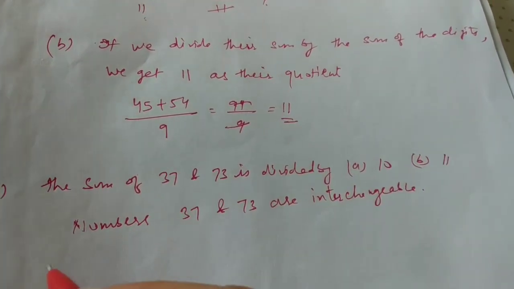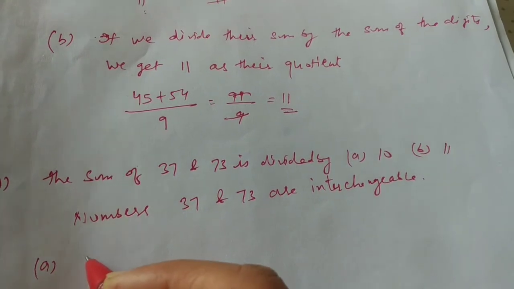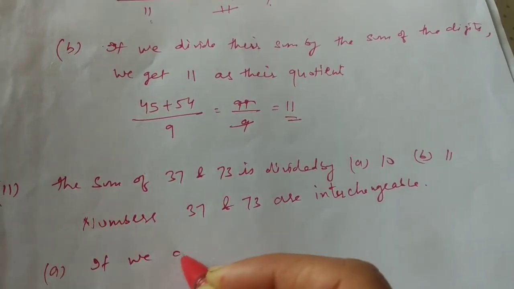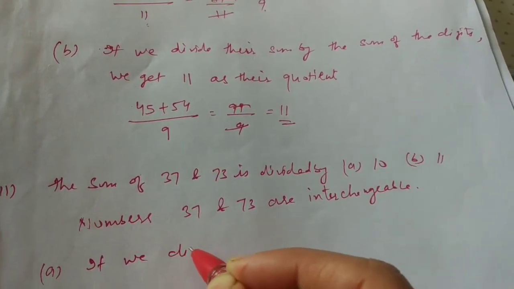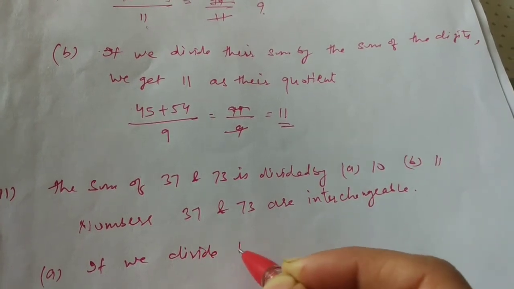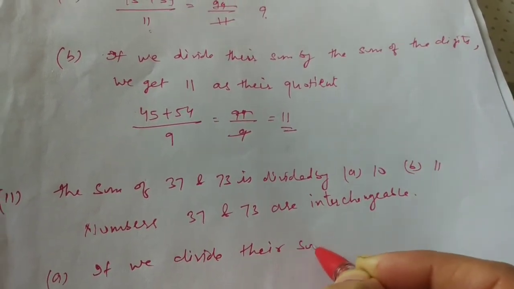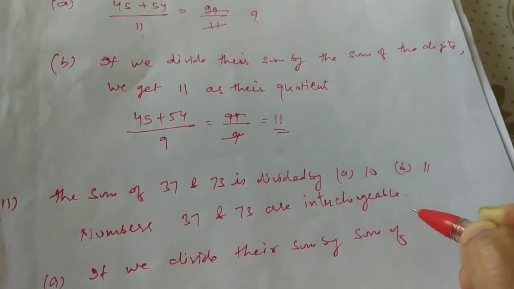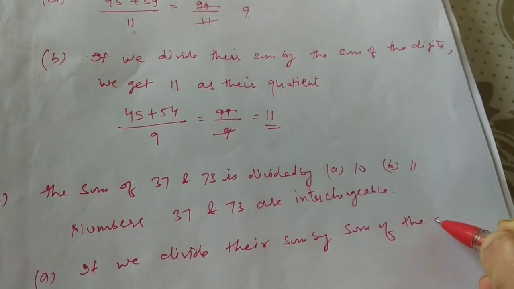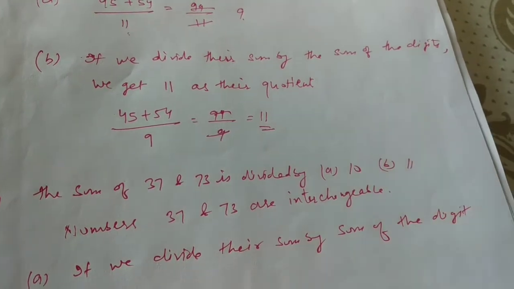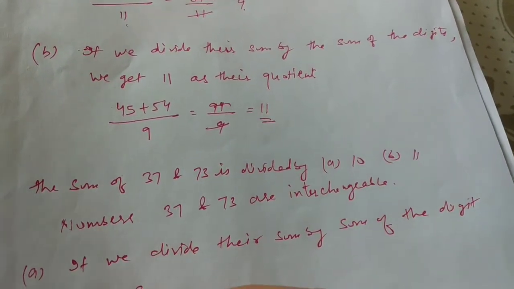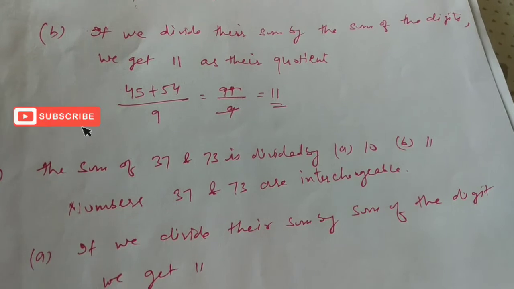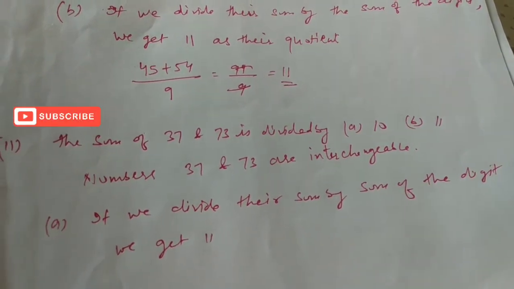So in part A, if we divide their sum by the sum of the digits, what do we get? We get 11. Clear?